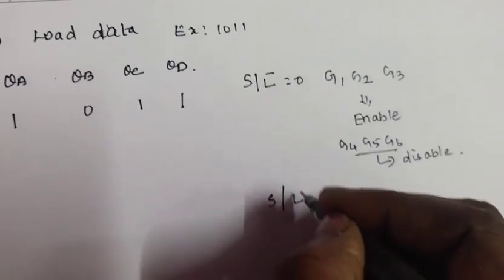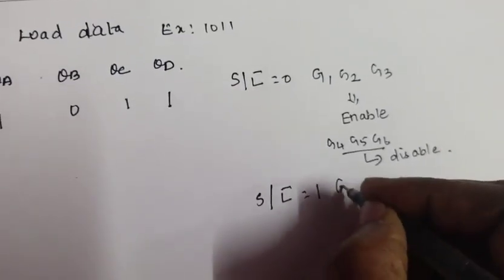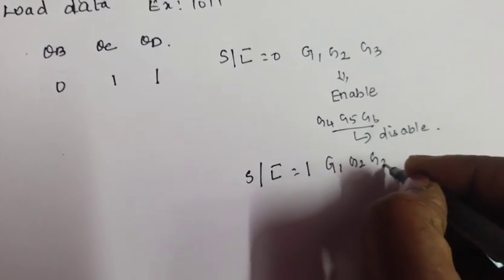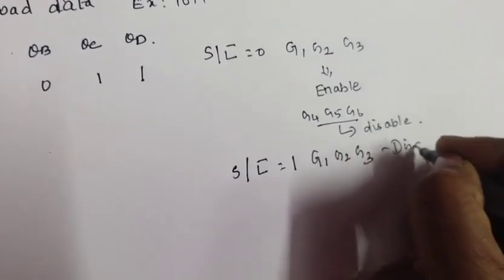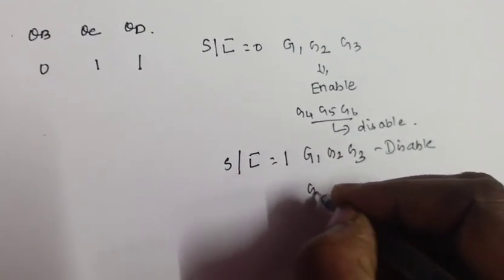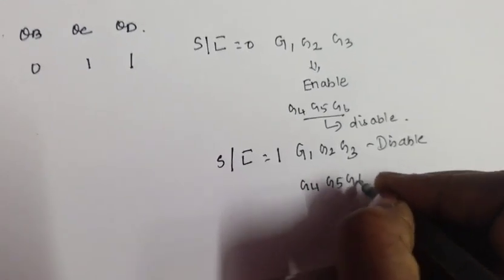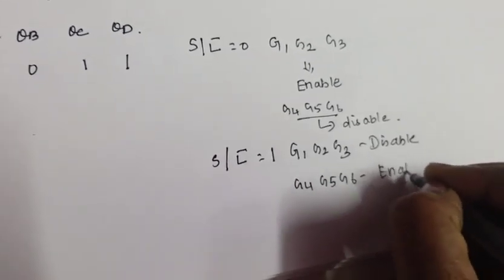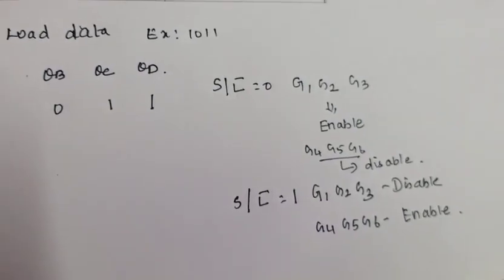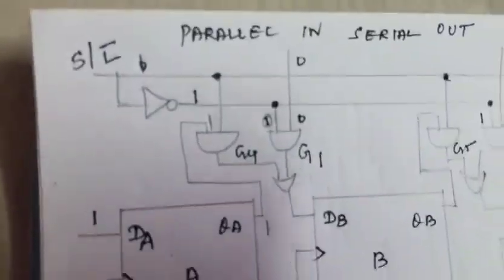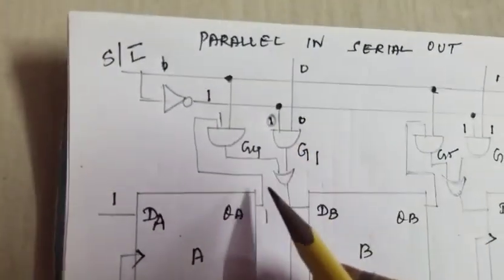Now when S/L bar is equal to 1, G1, G2, G3 are disabled. Your G4, G5, G6 are enabled. How is it going to be shifted? We are going to see that. First, I have taken this set of flip-flops.